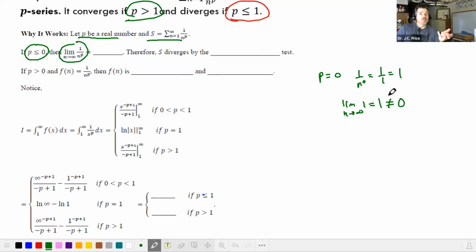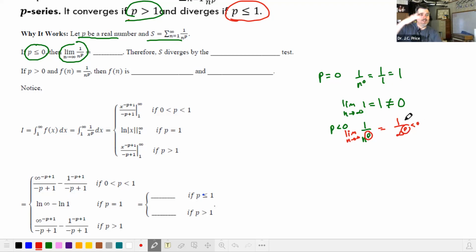And so if the terms don't go to 0, we know by the divergence test it's going to diverge. And then if P is less than 0, which means it's negative, you have 1 over n to the P, but P is negative. And so what happens when you let the limit as n goes to infinity, this will be equal to 1 over infinity to the P, but again, P is less than 0.